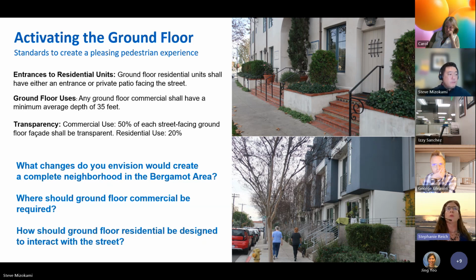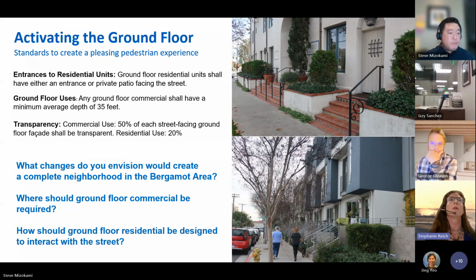So, one of the principles is to have entrances to the residential units, or to a multi-family building, at the street rather than on the side street or elsewhere. And that any ground floor commercial will have a sufficient depth so that that commercial can thrive, and that there would be a substantial amount of transparency.